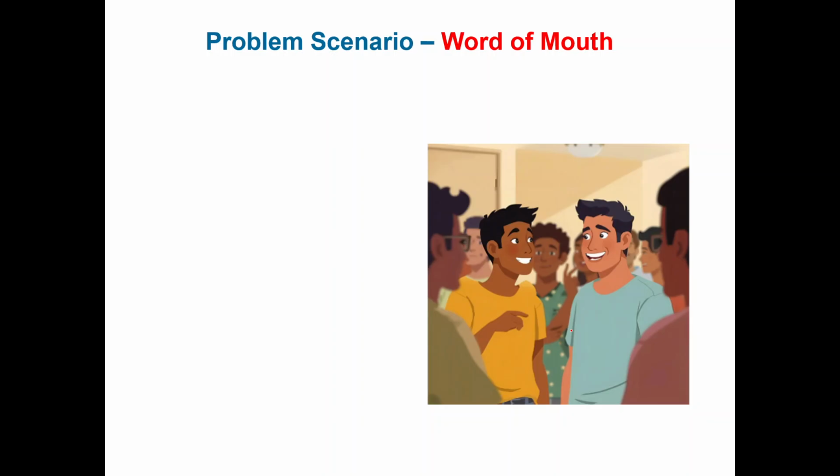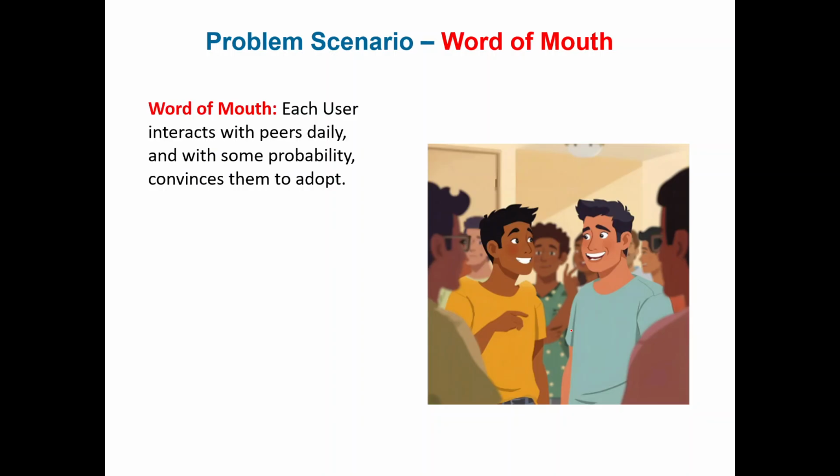So another aspect, which will be very important for the adoption of this product among the university students, will be the word of mouth. Let's say that each student contacts at least one student per day, and we can define this as the contact rate.